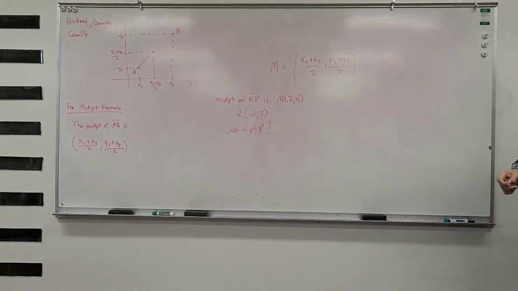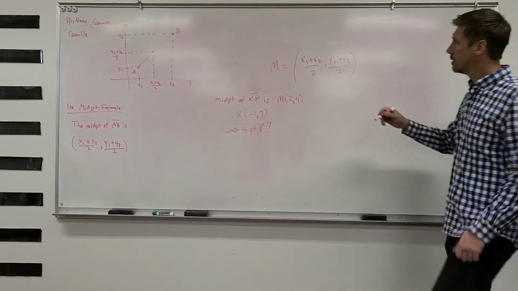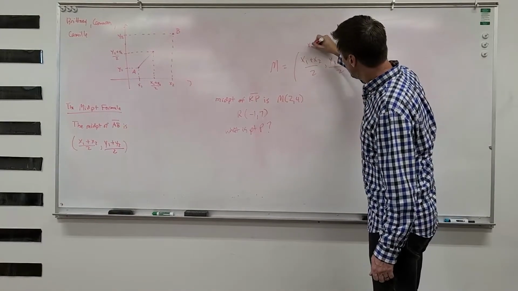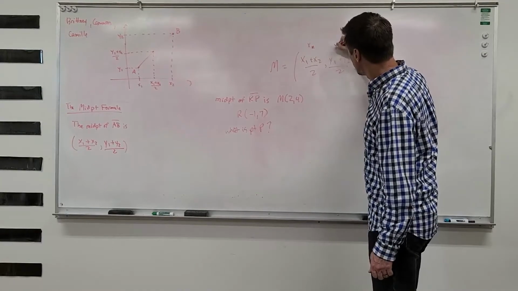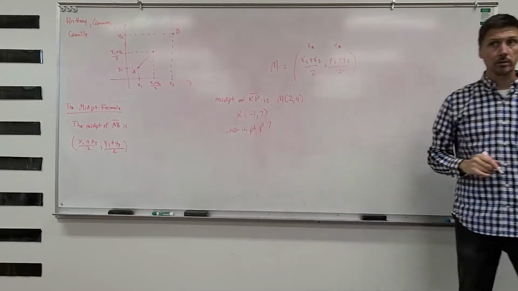Again, there's our midpoint formula, right? What we're going to have to remember is that this here is the x coordinate for the midpoint, and this right here is the y coordinate for the midpoint.